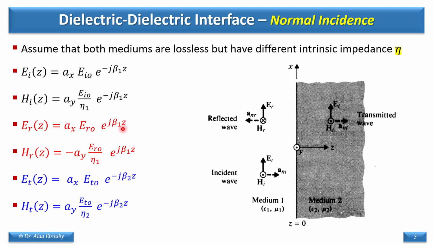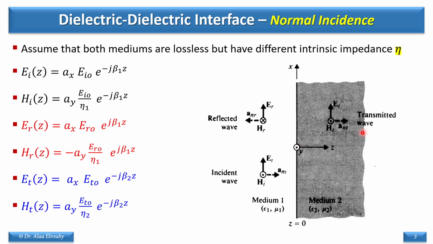Direction of propagation here is minus Z, so H reflected will be in the negative Y direction. The magnitude equals the magnitude of the electric field divided by the intrinsic impedance, eta 1. Phase propagation constant is beta 1.